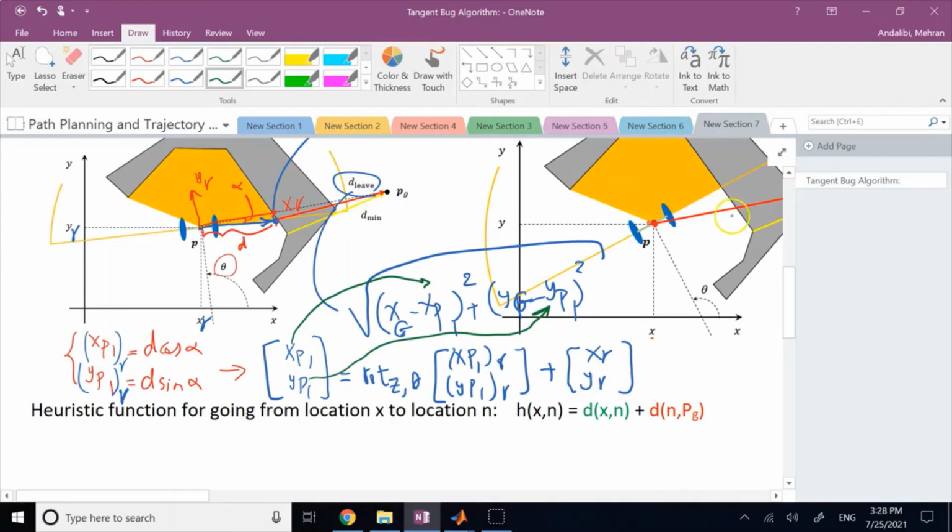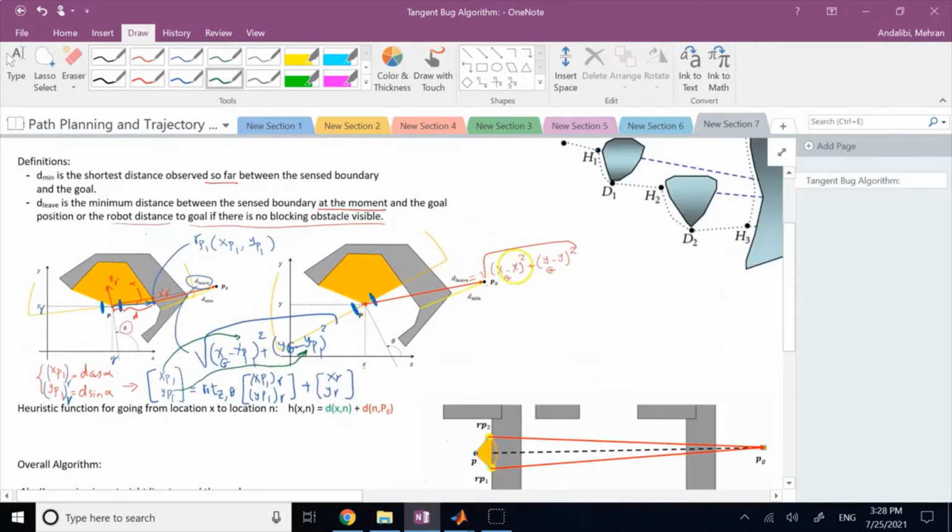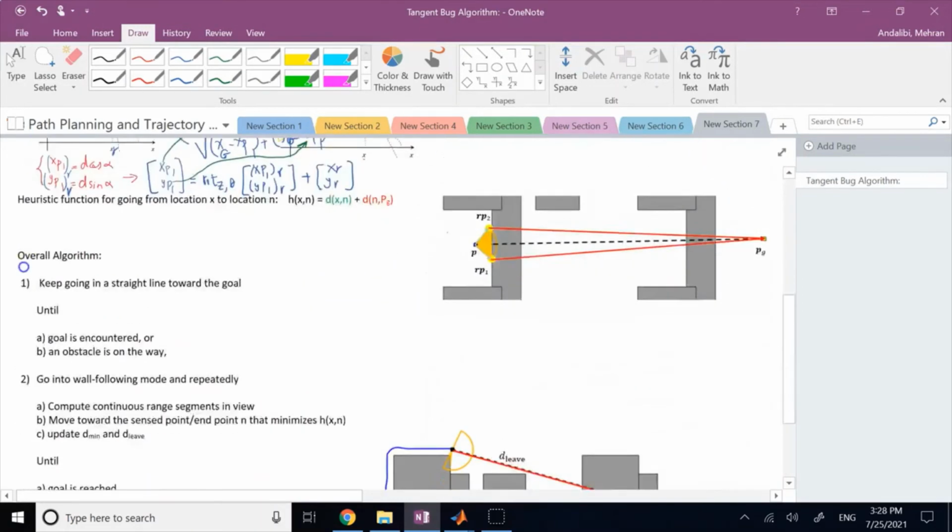Okay, so this definition of d-leave is of course much easier. It doesn't need to really rely on your sensor to do any transformation back to the global, because x and y are already measured in global, xg and yg are in the global frame or inertial frame. So this definition is easier, right? But typically many applications go with the first, because this relates to the boundary, and d min also is related to the boundary, right?